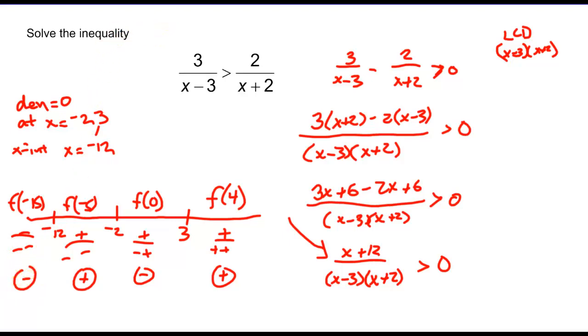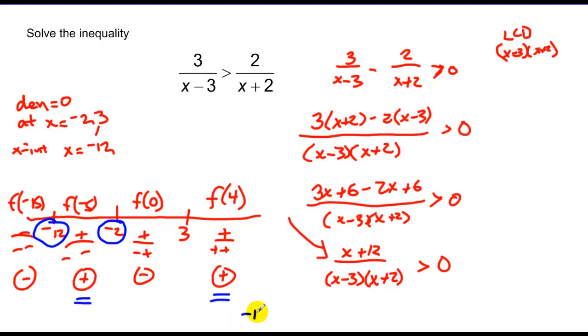And what I'm looking for is values that are greater than 0, which means my positive numbers. So my solutions in this case, since they're all going to be greater than and none of them can be equal to, I'm going to use just the inequality of greater than for my answer. So I need the answers between negative 12 and negative 2.